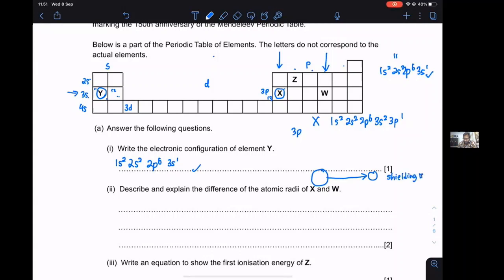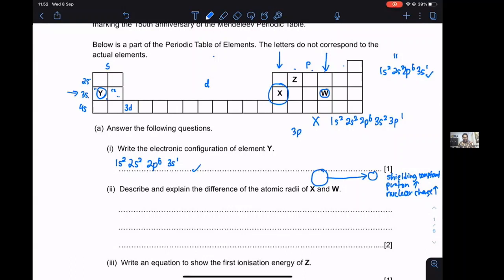Since the shielding is constant, but the proton number is increasing, the nuclear charge is therefore getting stronger. This stronger nuclear charge attracts the electrons more strongly, making them closer to the nucleus. Therefore, W is going to be smaller compared to X. Visually, X will be bigger and W will be smaller.